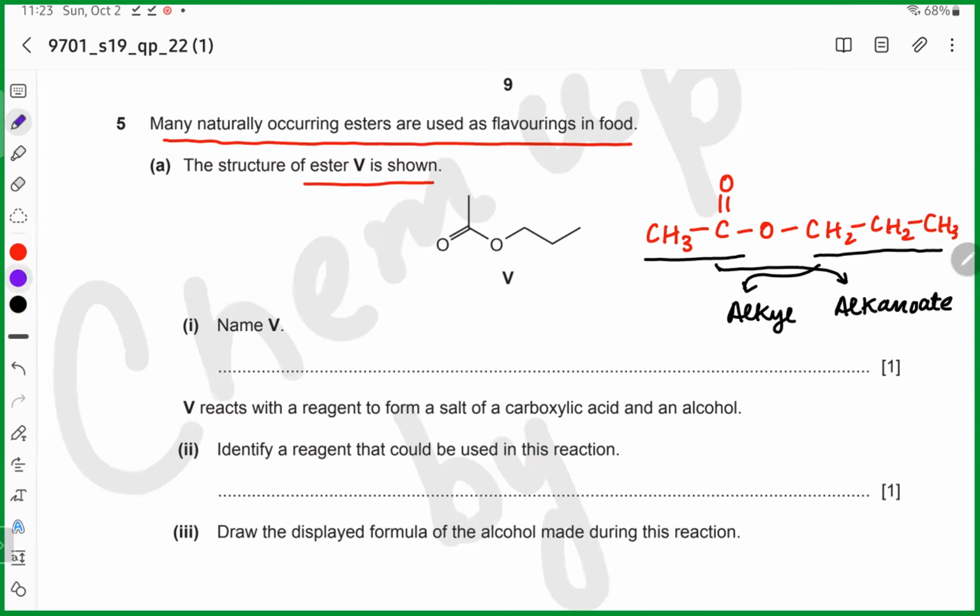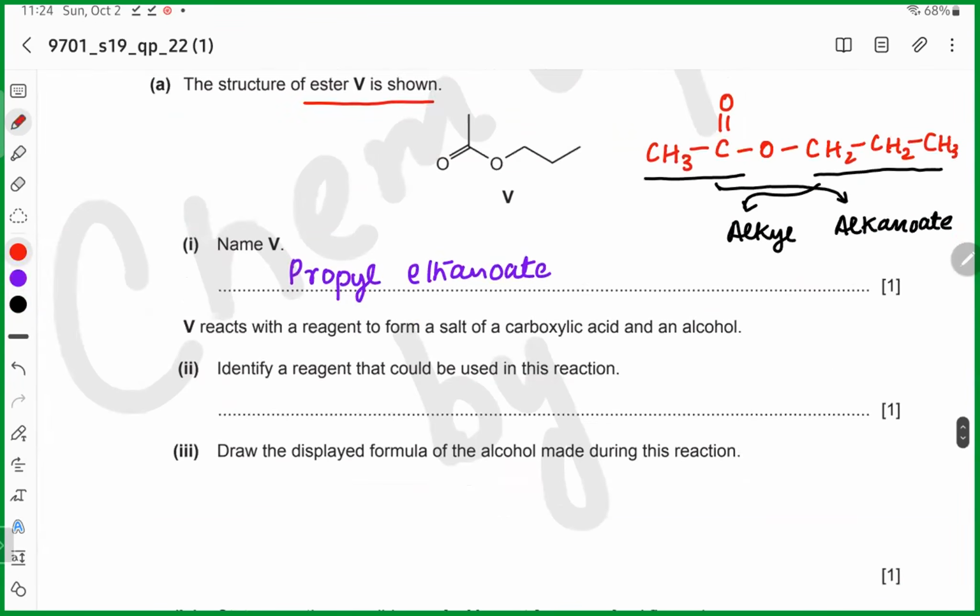The alkyl chain has 3 carbons, that's why it is called propyl, and the alkanoate chain has 2 carbons, so that's why it is called ethanoate. Is this understandable to everyone? Yes, sir.